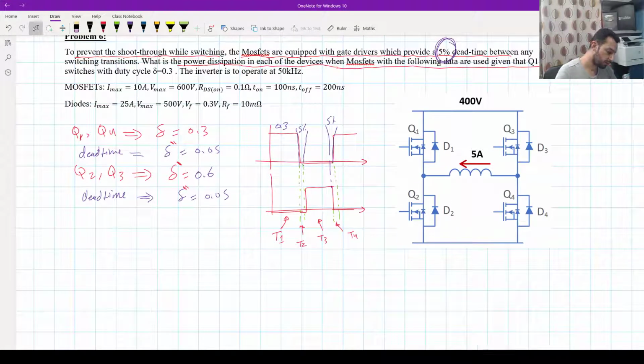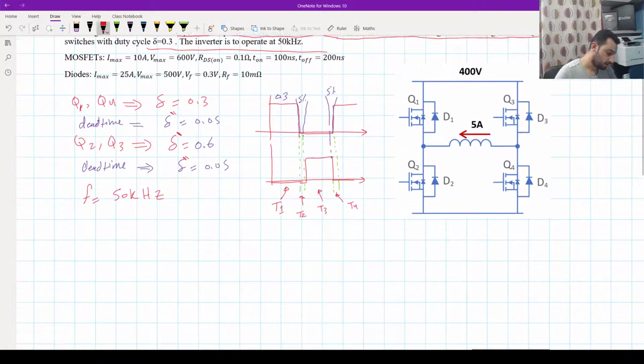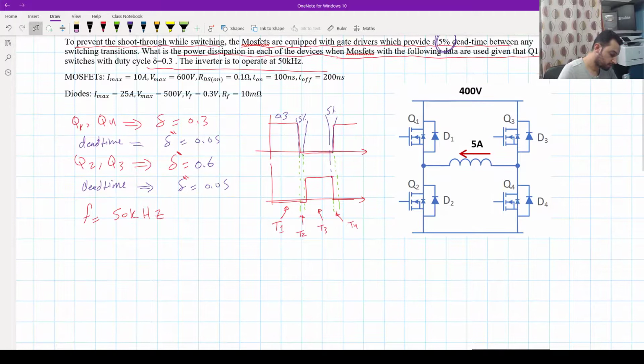So again, the delta is 0.3, and the inverter has a frequency of 50 kilohertz. Now the MOSFET has RDS on of 0.1, which is very high, and that concerns me, because if there is current going through that 0.1, it might develop voltage across it that will turn on the parallel diode.